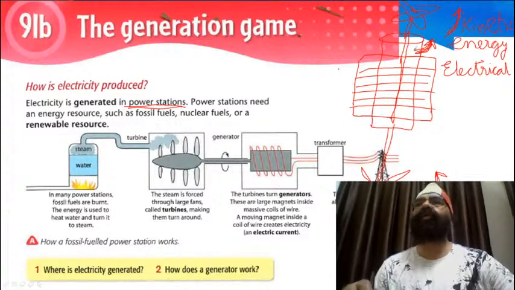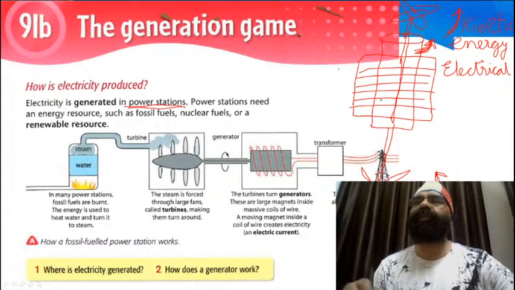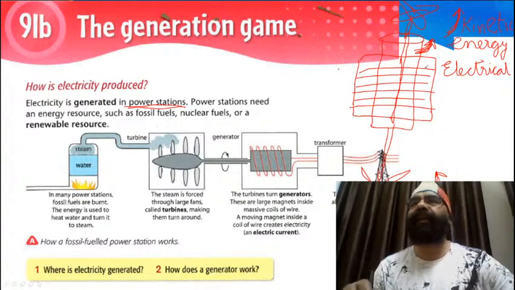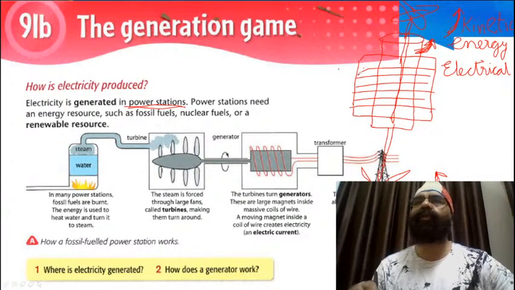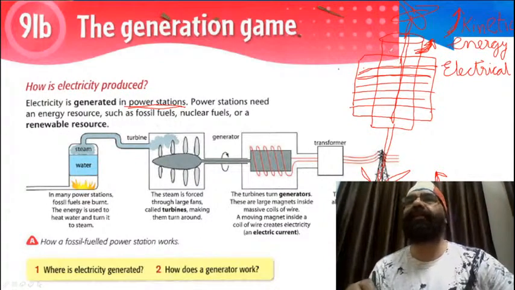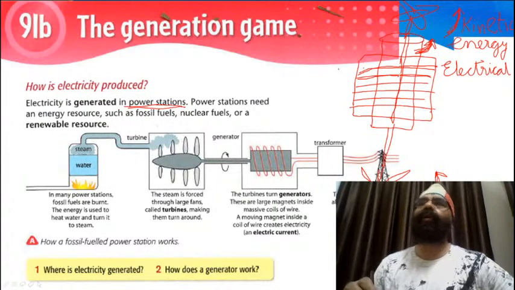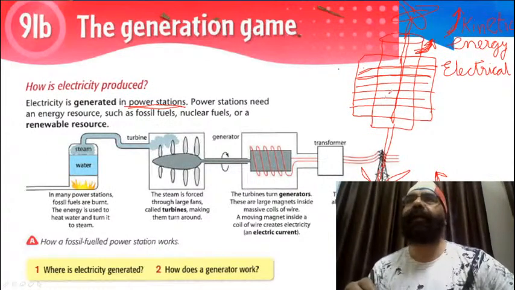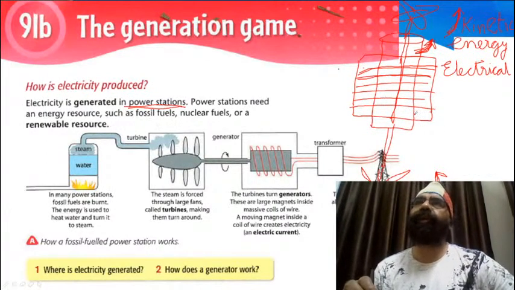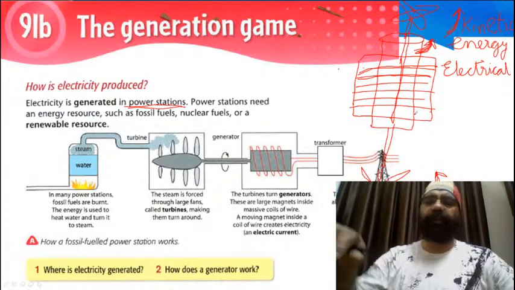Now the magnet produces magnetic field lines, which were getting linked to this coil over here. When it starts rotating, the magnetic lines linked to the coil are changing, and hence current is being produced. Very nice, clear. So this is done.